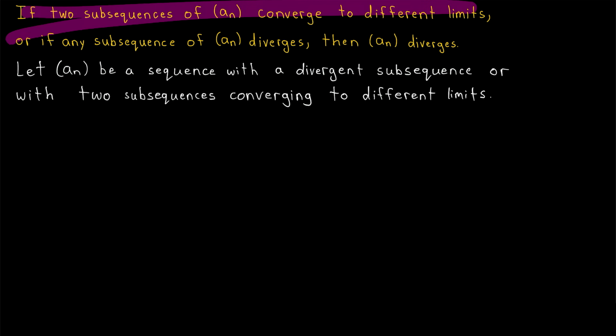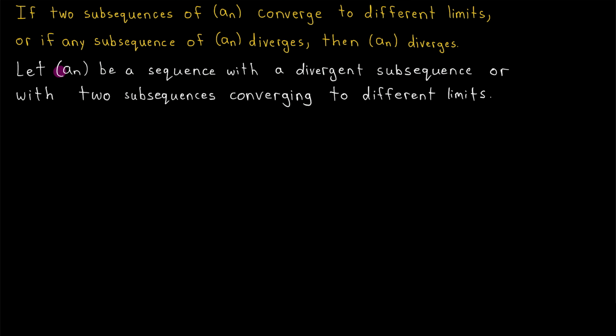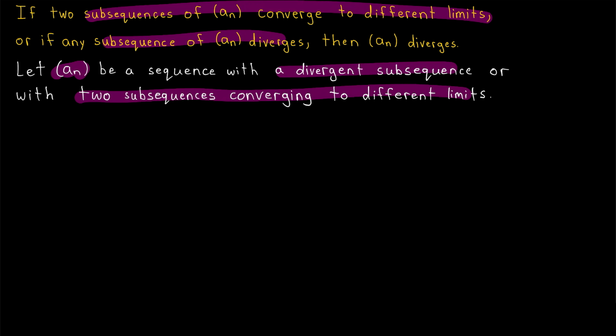To prove this statement, we would begin with a sequence that satisfies the condition. So we'd say let a_n be a sequence with a divergent subsequence, or with two subsequences converging to different limits. We want to prove that forces a_n to diverge.